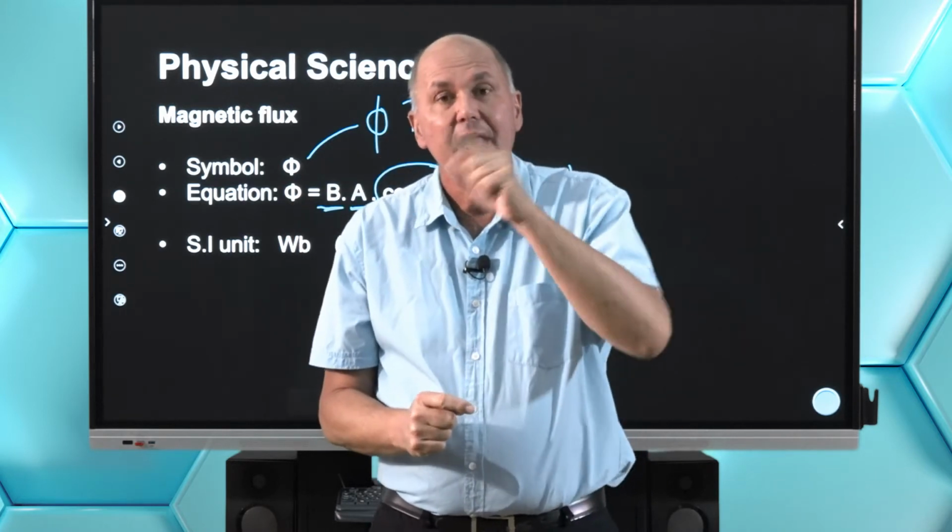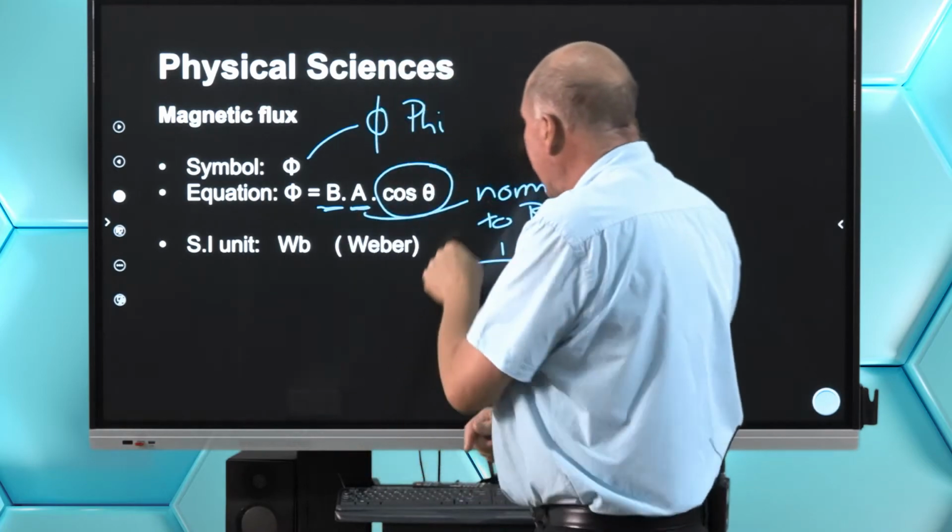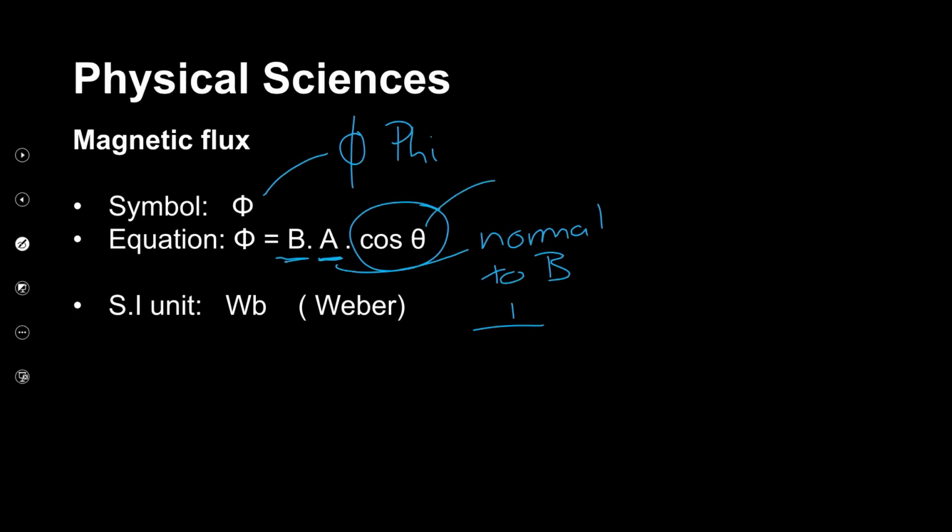So this angle theta is the angle between the area and the normal.